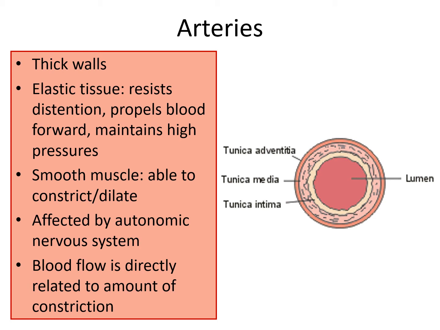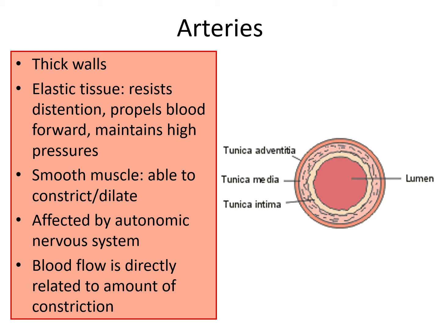Large arteries branch off of the aorta and give rise to smaller arteries down to the thread-like arterioles, which branch into capillaries. An artery's wall, or inner layer, is called the tunica intima, and it consists of an endothelial or cellular lining, a fine connective tissue network, and a layer of elastic fibers.